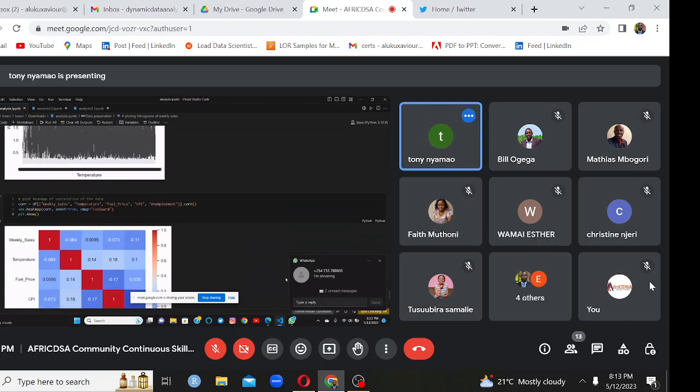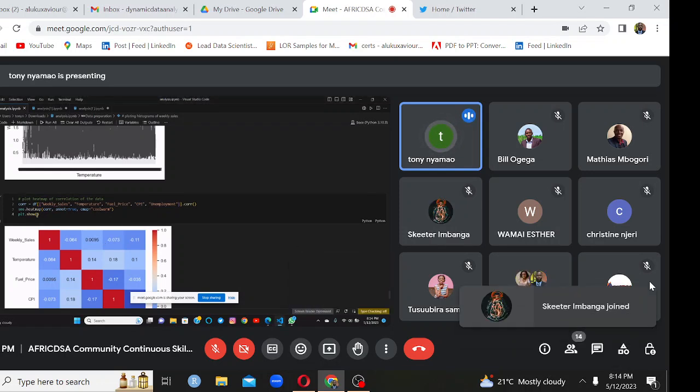And then finally, the plot heat of correlation of data. I was able to correlate.